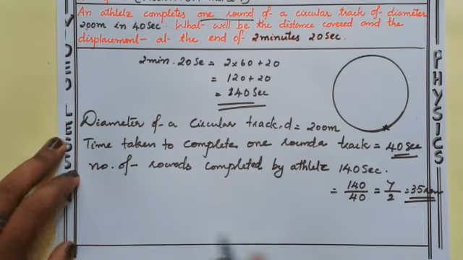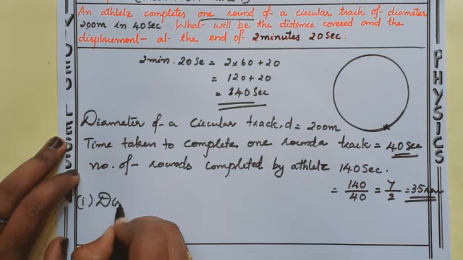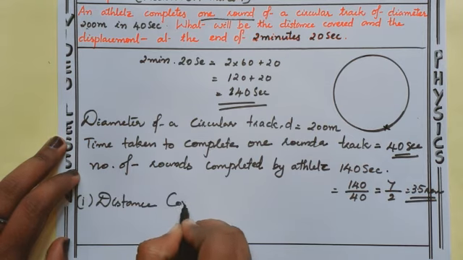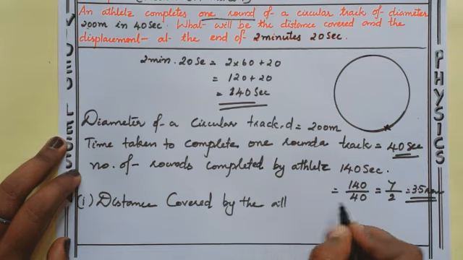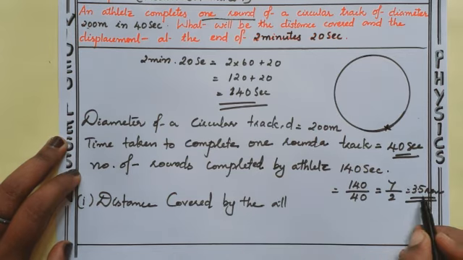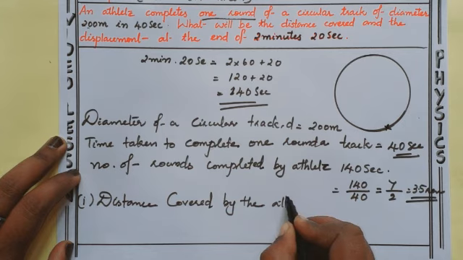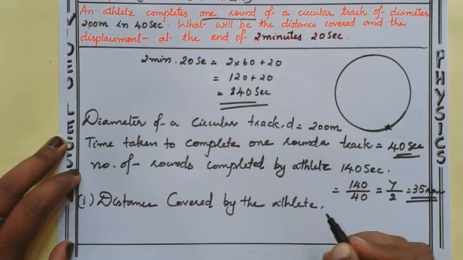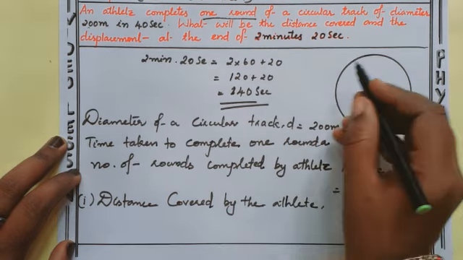The first thing we want to find out is the distance covered by the athlete. Here we got 3.5 rounds covered by the athlete. How can you find the distance traveled by an object in a circular path?